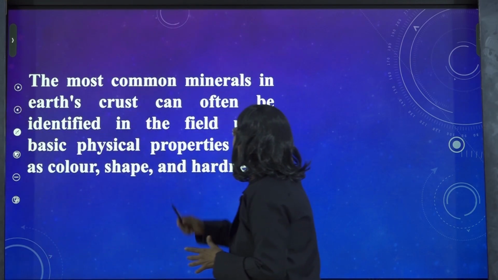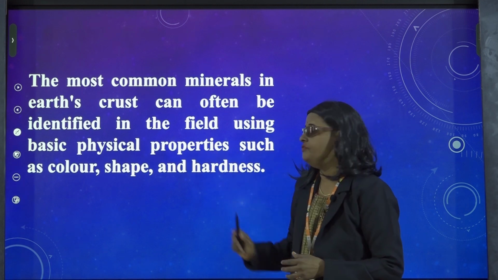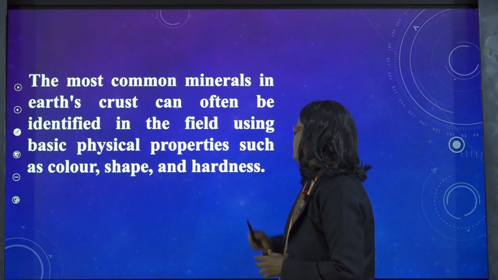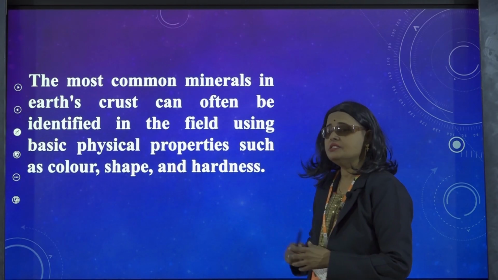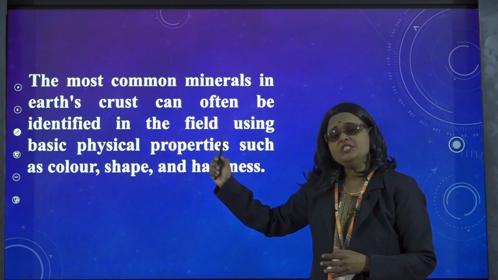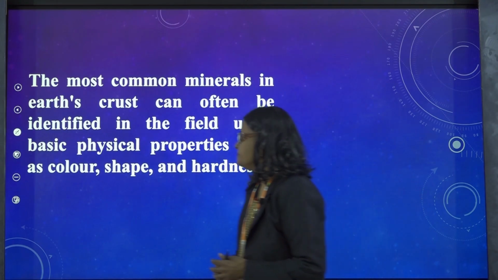Now, the most common minerals in the earth's crust can often be identified in the field. I told you, with the help of physical properties. What are they? Color, shape and hardness. These are the physical properties. Based on the physical properties, we can identify the minerals.